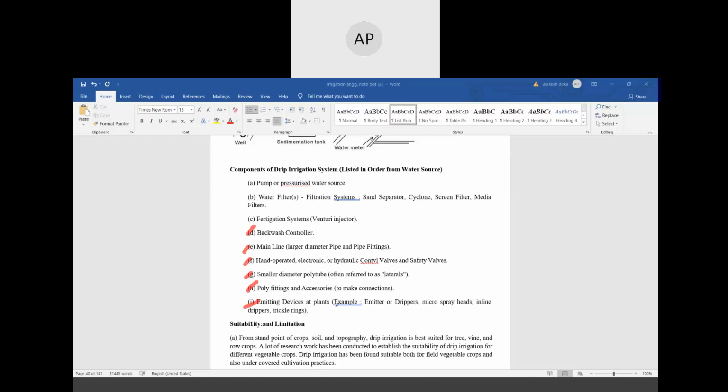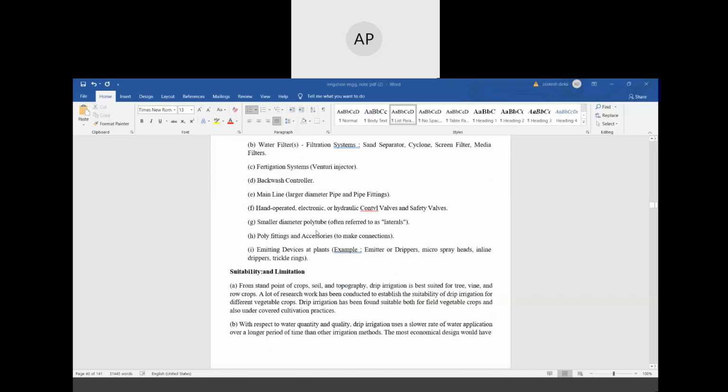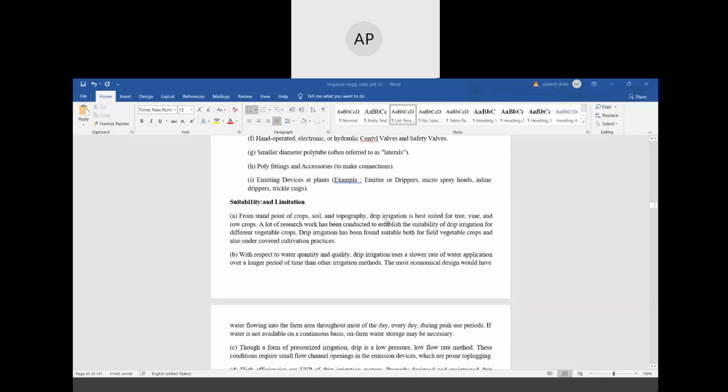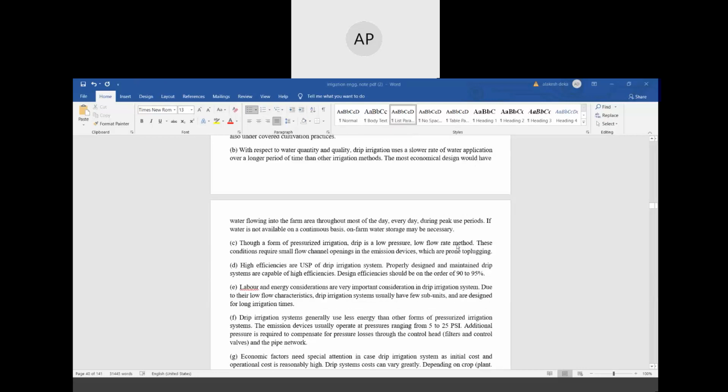Suitability and limitations. So, where is drip irrigation suitable? From the standpoint of crop, soil and topography, drip irrigation is best suited for tree, vine and row crops. With respect to water quality, drip irrigation has a slower rate of water application.